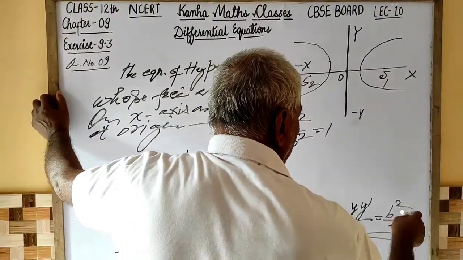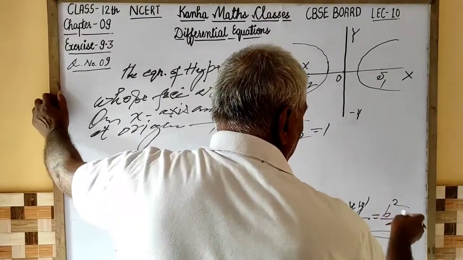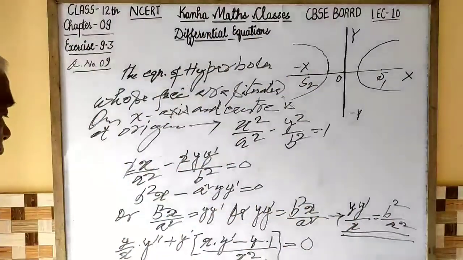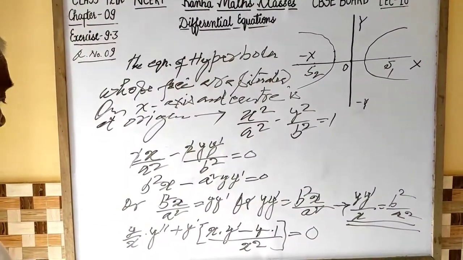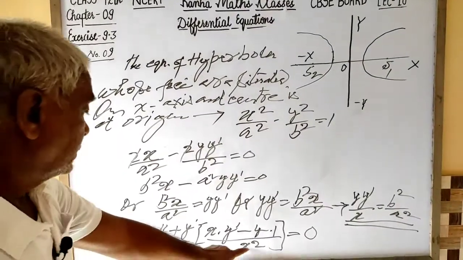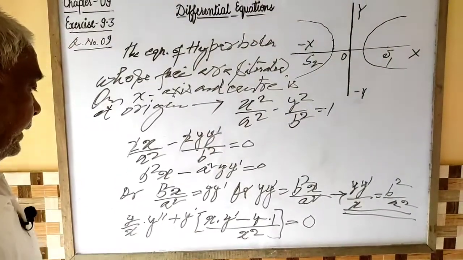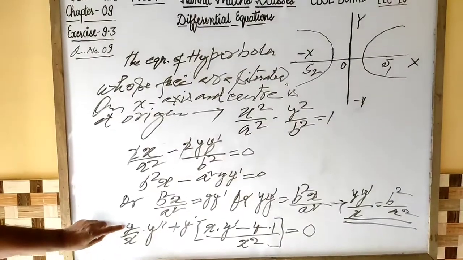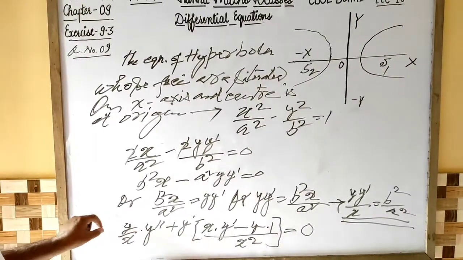The derivative of b square upon a square will be equal to 0. Now if you multiply this by x, you will get y double dash.